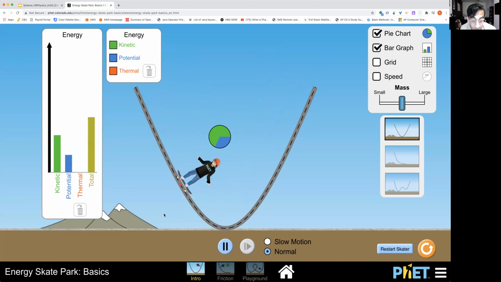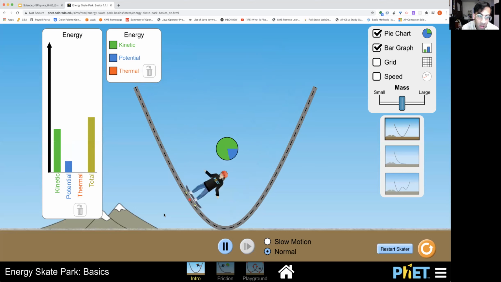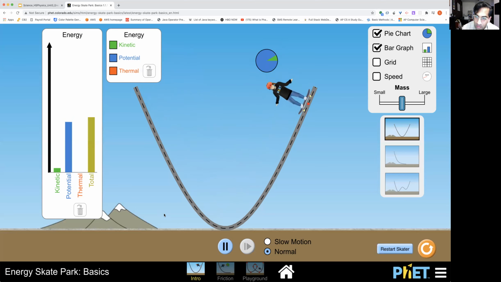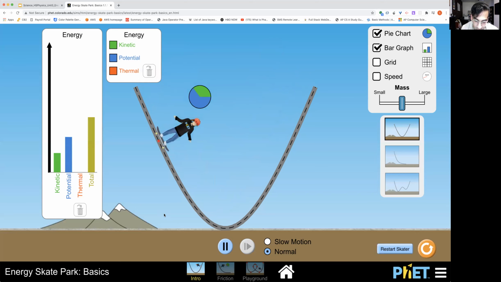So it's also fair to say that the motion of the skater is fastest at the bottom of the half pipe, when the skater has completely kinetic energy. And at the moment when that blue pie becomes completely blue, and it eats away all the green, there is just a split second, just a moment in time, when the skater completely stops motion, and that's when he or she has all potential energy.